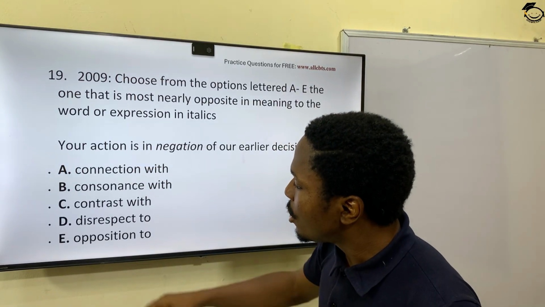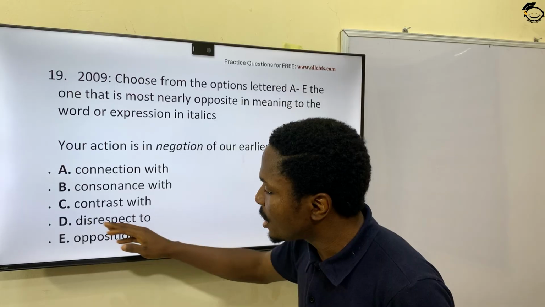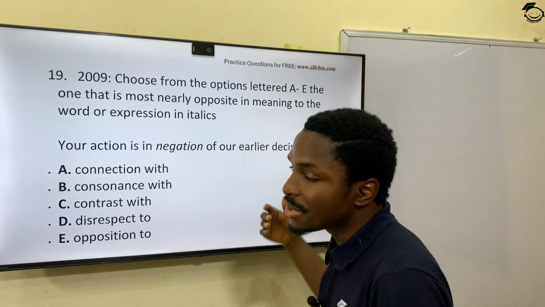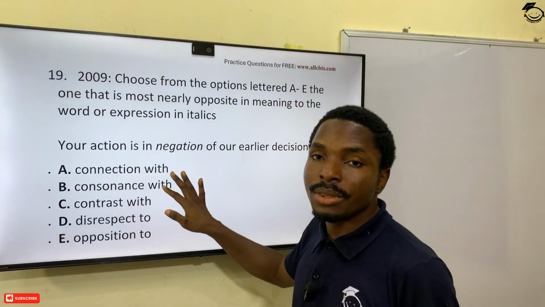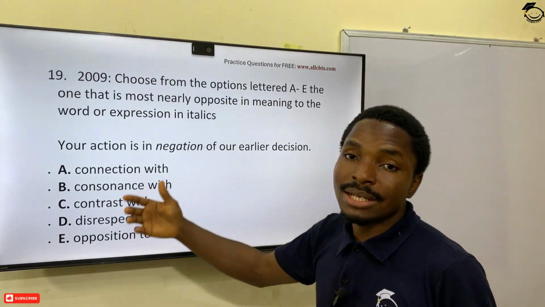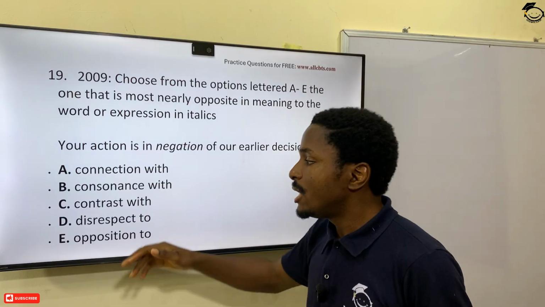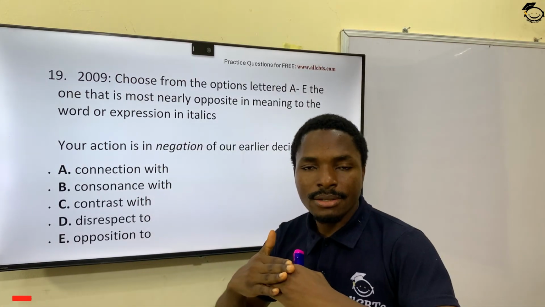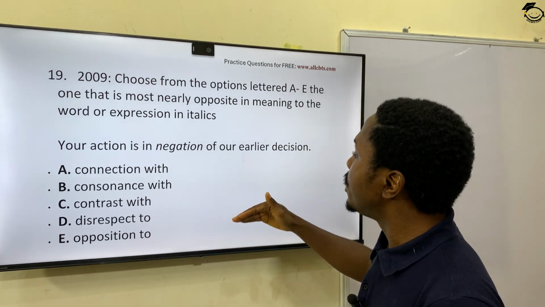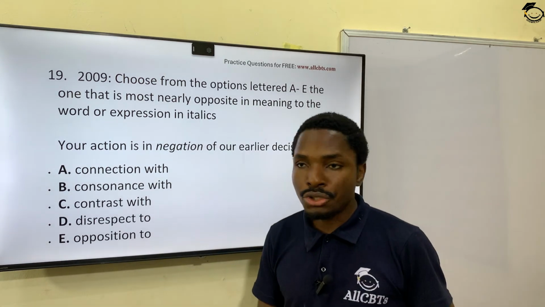Contrast is opposite, disrespect is opposite, opposition is opposite, and the last is either connection with or consonance with. But for the sake of being grammatically correct, that will be consonance with. So your action is in consonance with our earlier discussion.